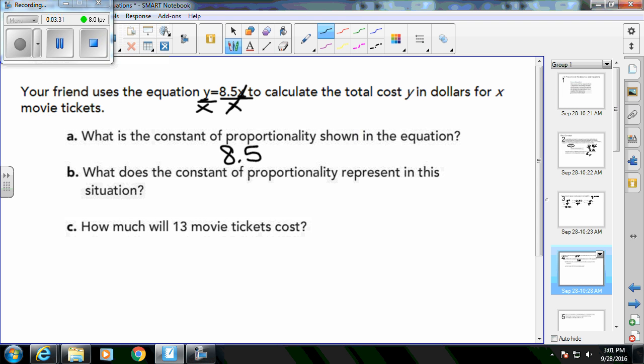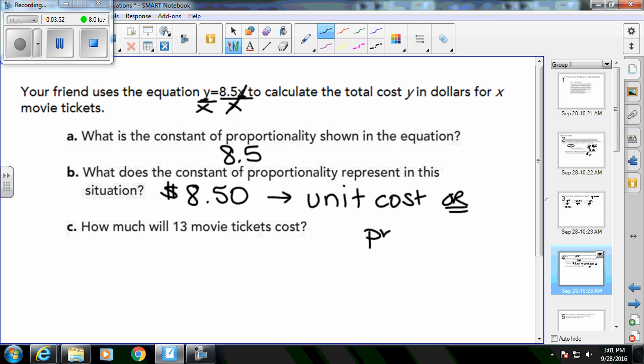In this case, $8.50. And what does it represent? $8.50 is the unit cost, or the price per movie ticket.